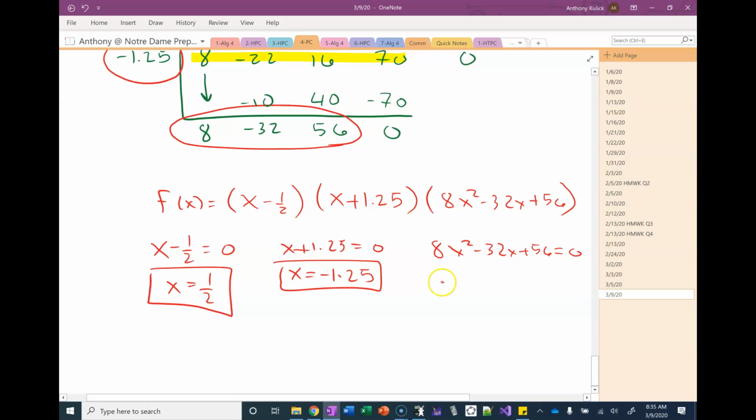So I can just divide both sides by 8. And that makes the numbers a little smaller, a little easier to deal with. Okay, that's fine. I would do that. Anytime I can make the numbers smaller, that usually makes our life a little bit easier, right? Now what? We're trying to solve x squared minus 4x plus 7 equal to 0.